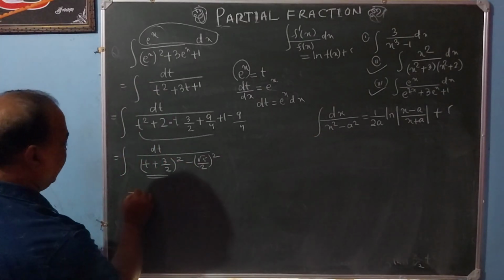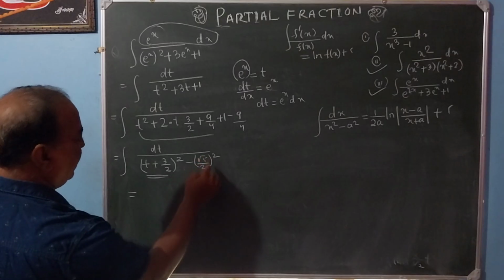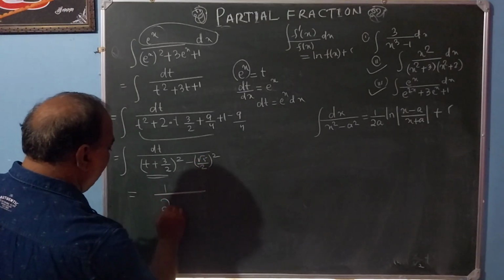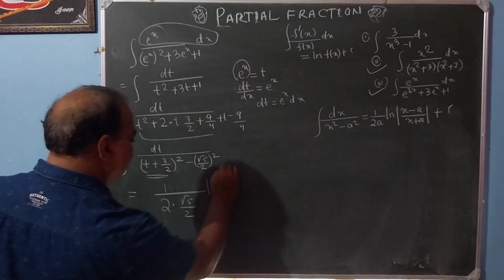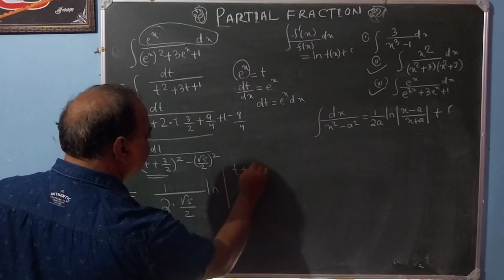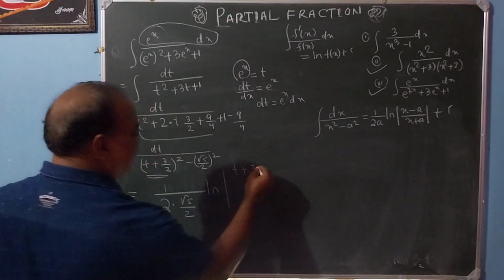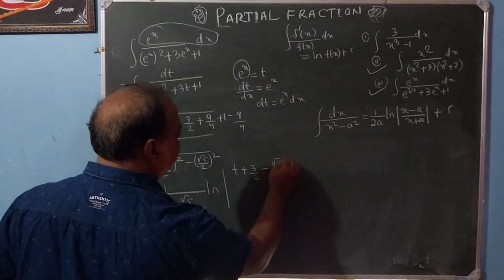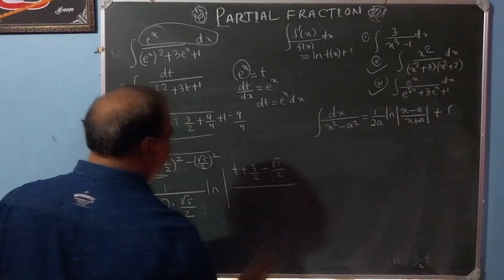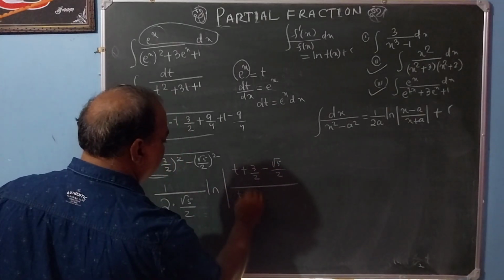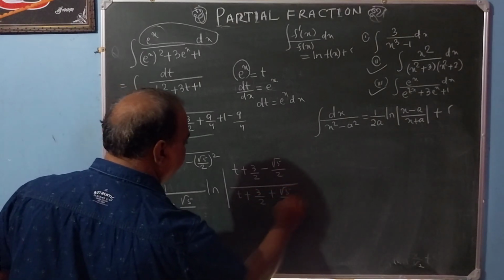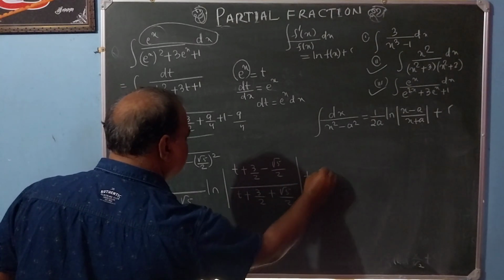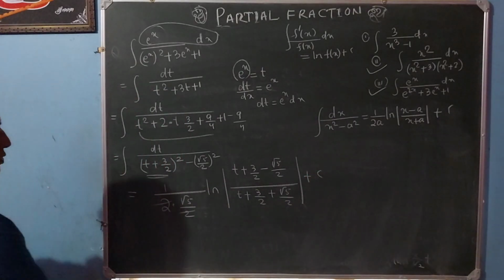So we get 1 by 2a, a means root 5 by 2, ln (t plus 3 by 2 minus root 5 by 2) divided by (t plus 3 by 2 plus root 5 by 2) plus c. So this 2 cancelled with 2.